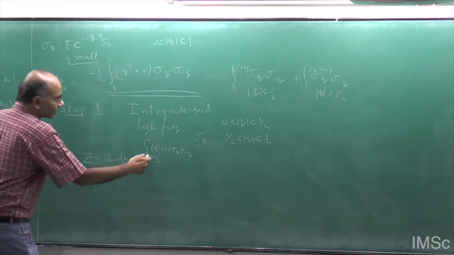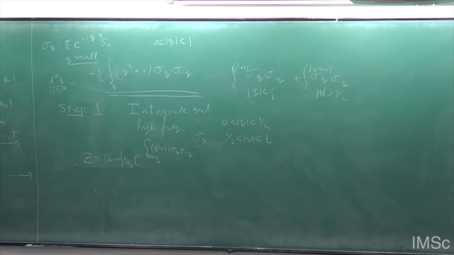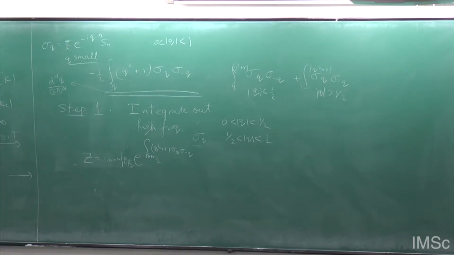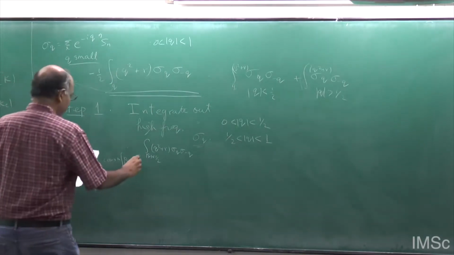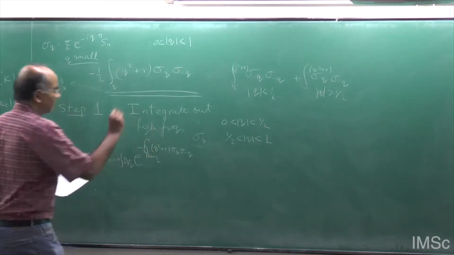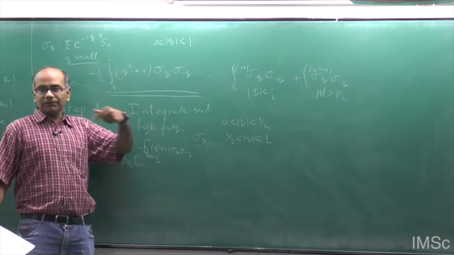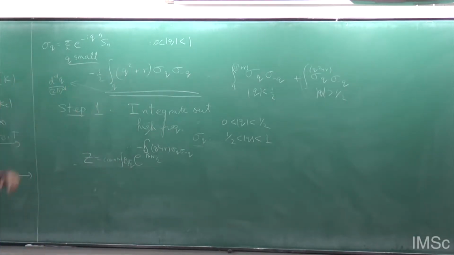So you're only integrating over the variables with q less than half. So this is the end of step 1. And the whole point of choosing the Gaussian model is that this is a trivial step, nothing to do. Minus sign, yeah. And a half. So this step would be more complicated if you had quartic terms, because then all the frequencies would mix and you'd get modified terms. So that step is eliminated.